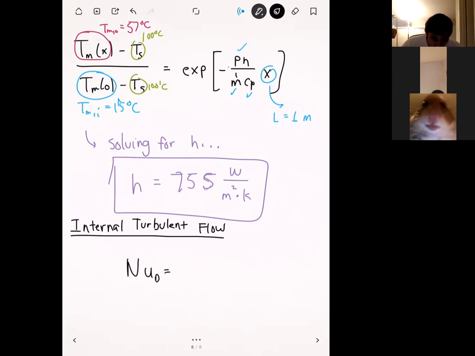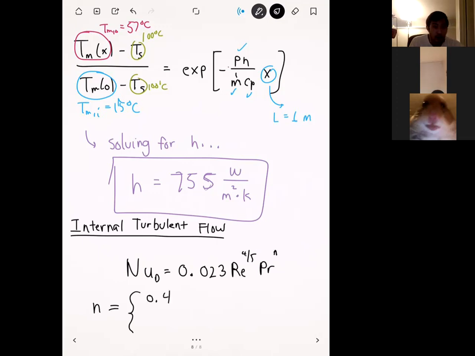So you have the Nusselt number based on diameter equal to 0.023 times Reynolds number to the 4/5 times Prandtl number to the n, where n is a variable with two options.